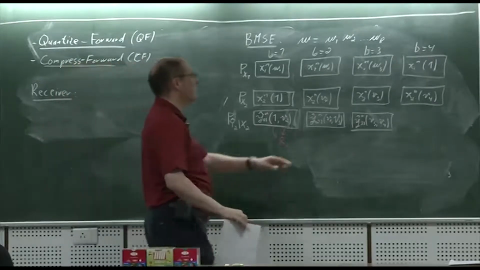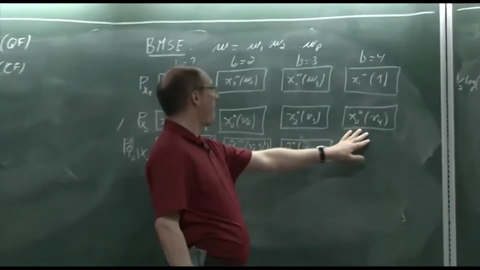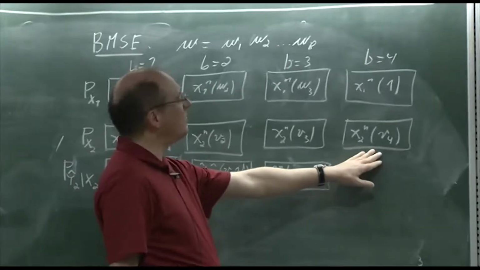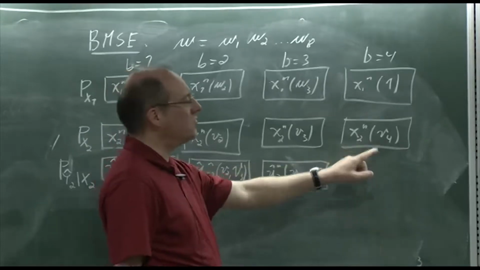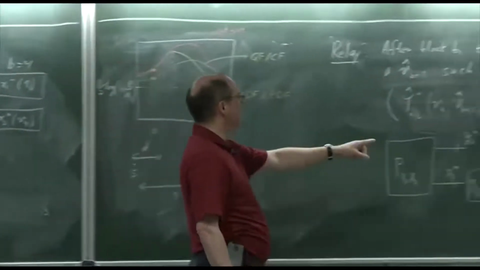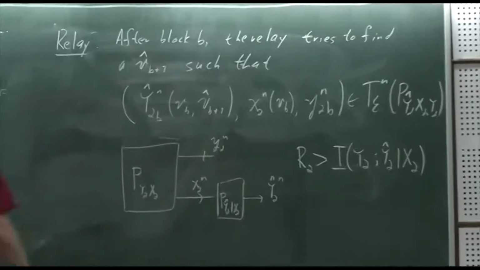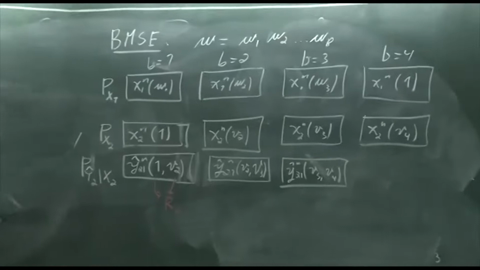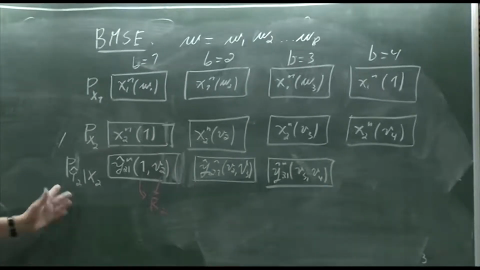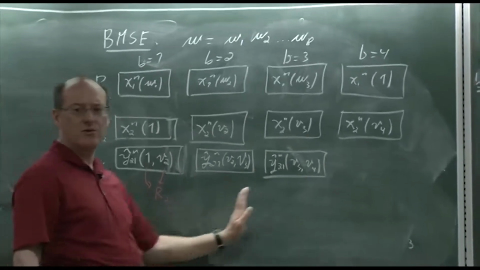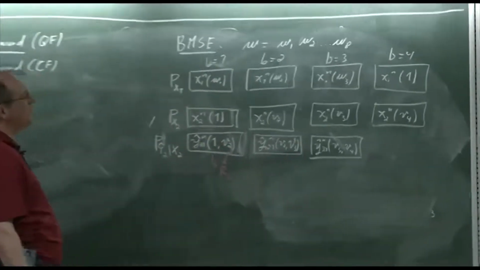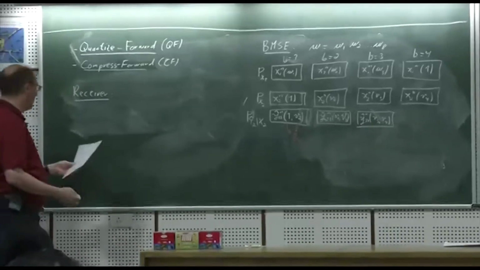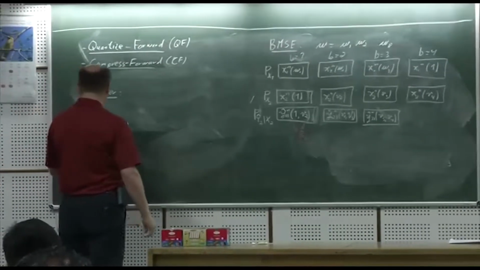You know, we could start with this one. If I started with this one, then I would get R2 has to be less than I of X2; Y3 given X1, for example. But I don't want to do it here. Let me do the sliding window, the forward method. By doing that it's easier to understand what rates we get. But we could do backward decoding too, actually, here.